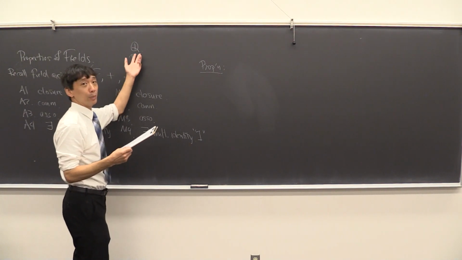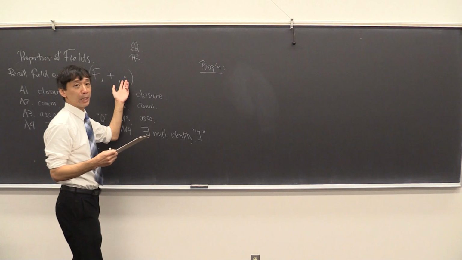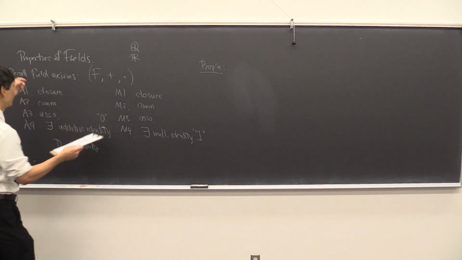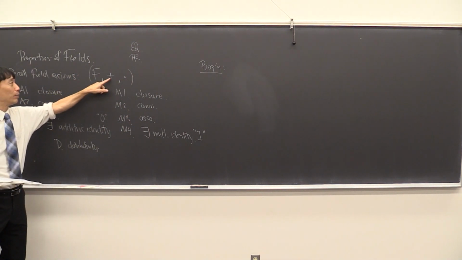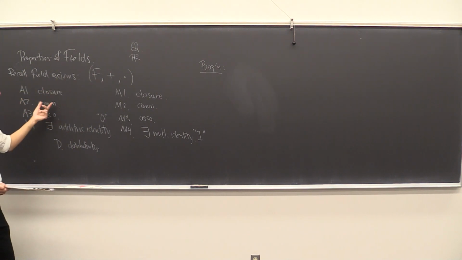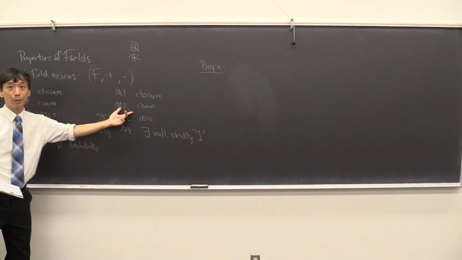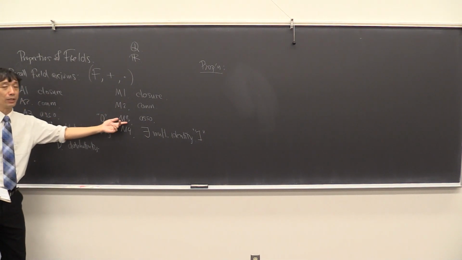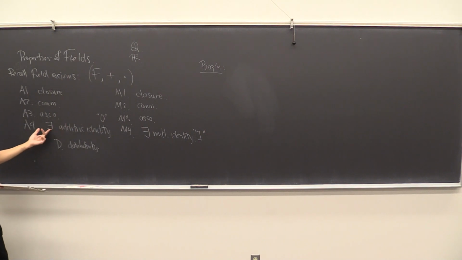They both have addition and multiplication, and those operations satisfy certain properties: addition and multiplication must both be commutative and both be associative.